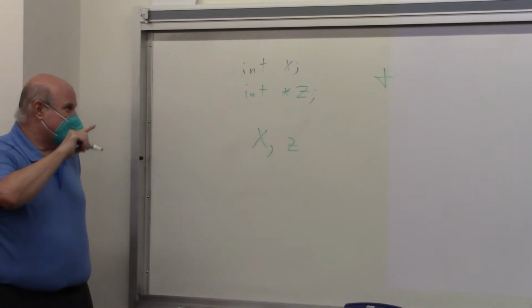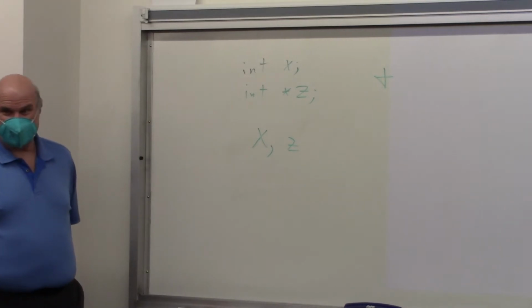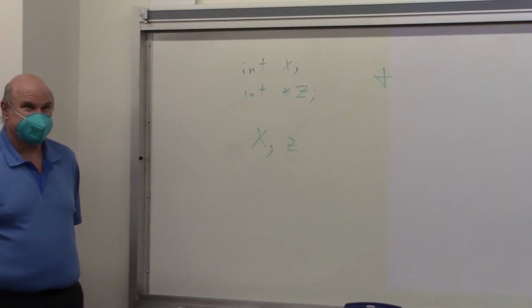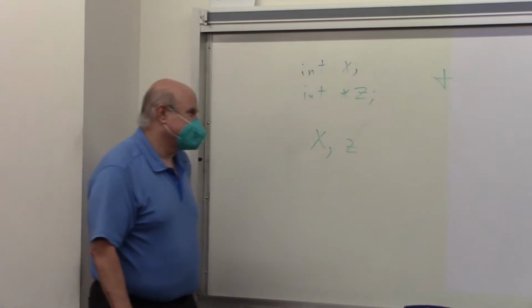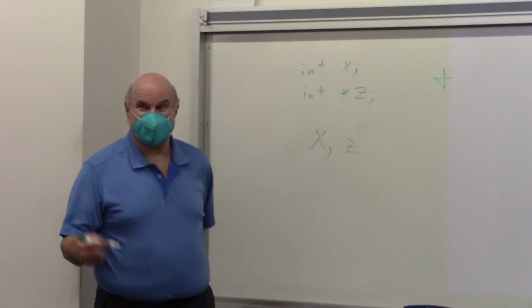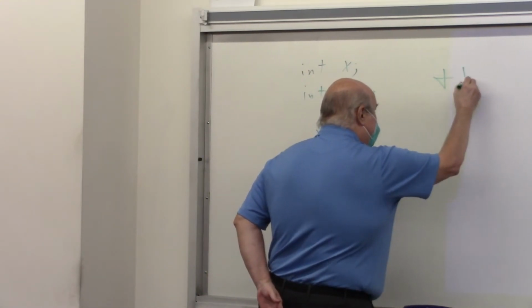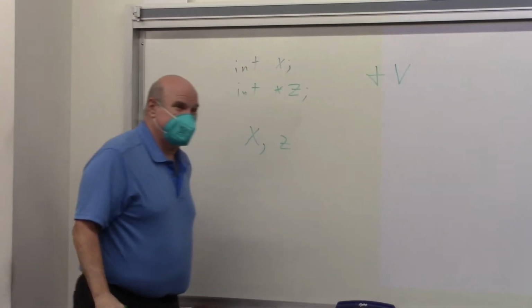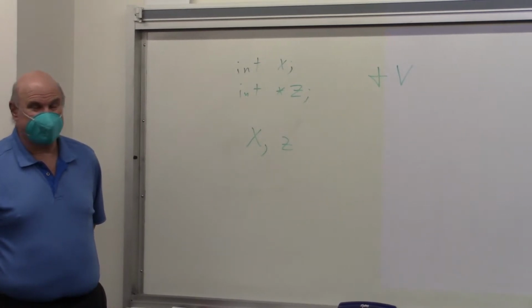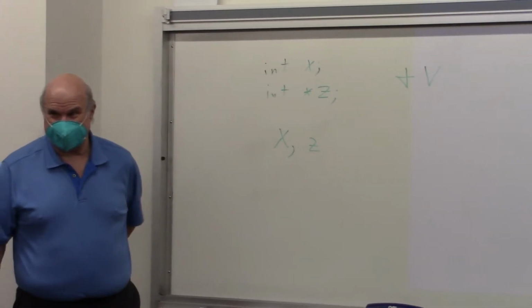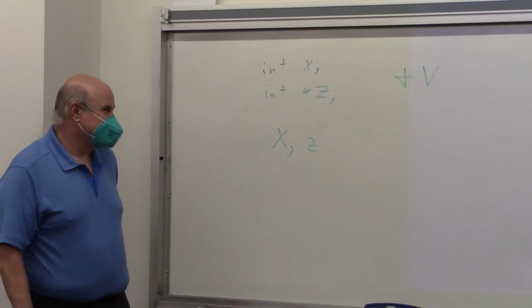Next person. What does the ampersand operator do? What is it? Okay. So it creates a reference to a variable. So let's suppose my variable is v. So ampersand v creates a reference to v. So what is the name of the ampersand operator? The name, okay.